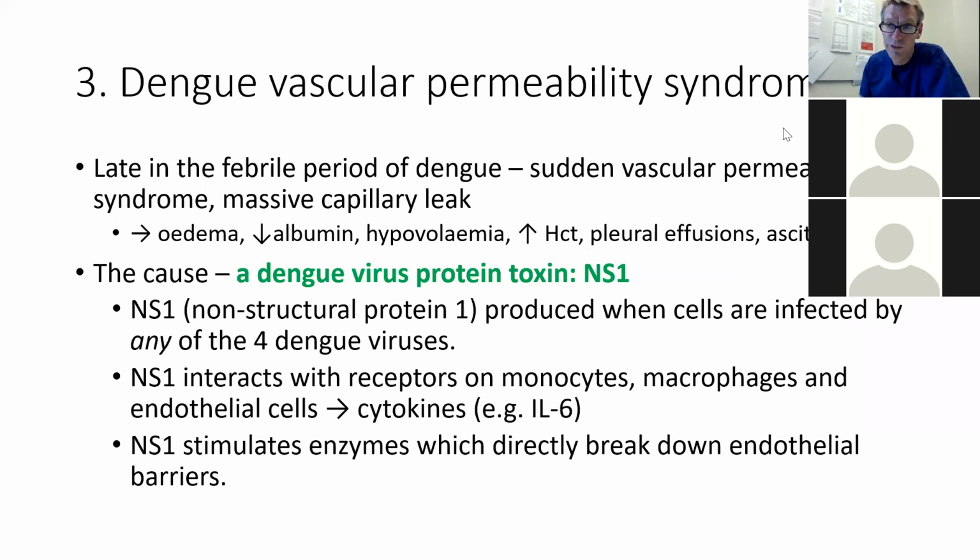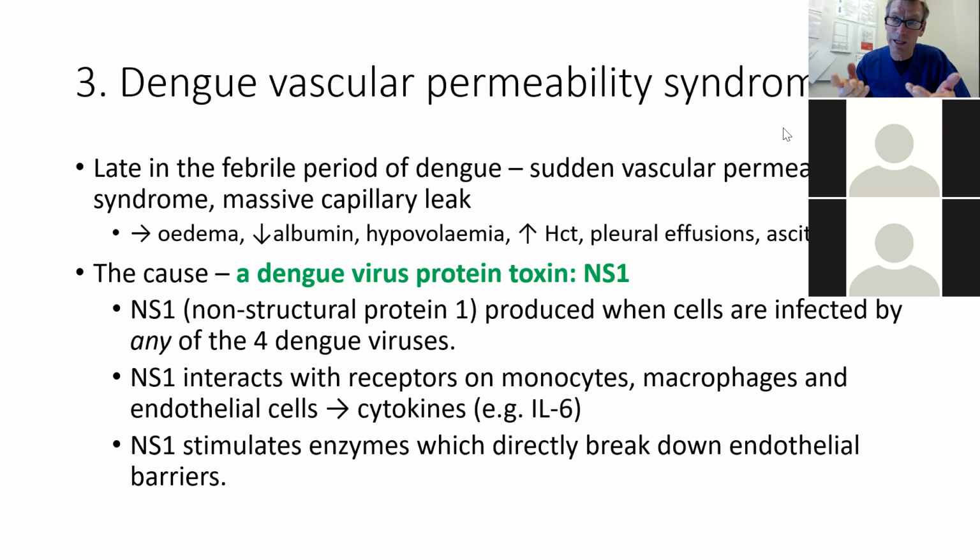So all of that inflammation leads to increased capillary permeability, and it's the capillary permeability that leads to the swelling, the edema, the drop in albumin levels because the albumin leaks out into the tissues, hypovolemia, which means there's a low intravascular volume because the water, the plasma, is leaking out into the tissues.